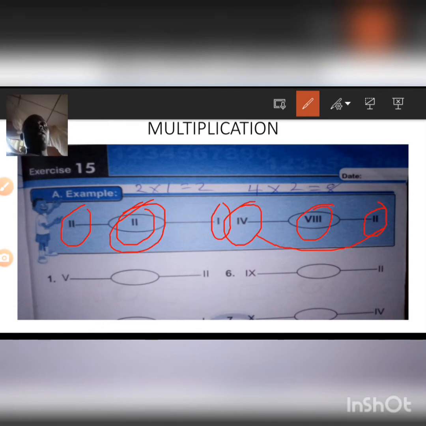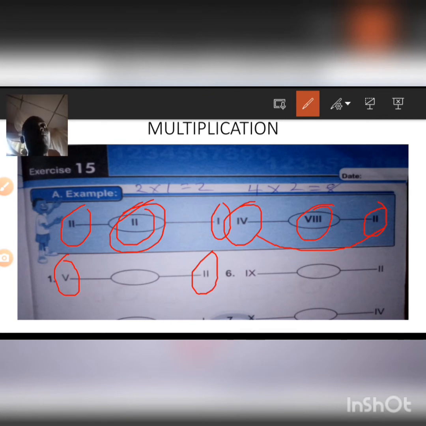For example, in the first question, you have a V here and 2I here. Now, what does 2I represent? Can you guess? Or do you know it? Yes, it's 2. And this one on the left hand side, V, represents 5. Yes.